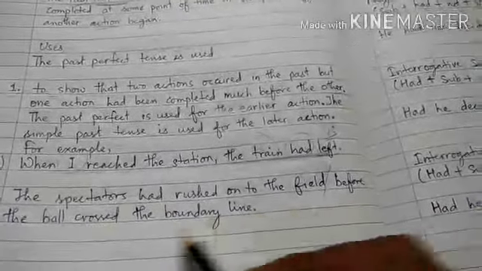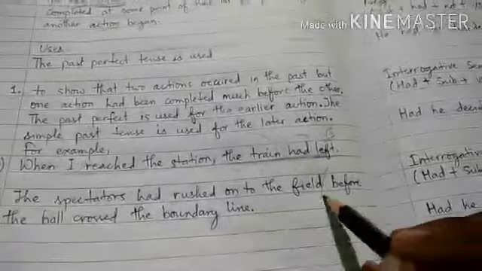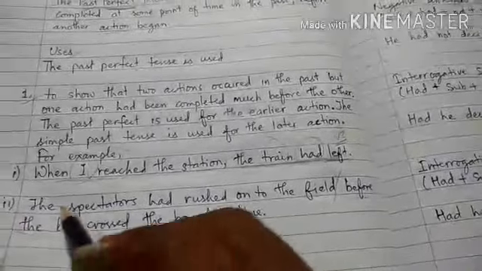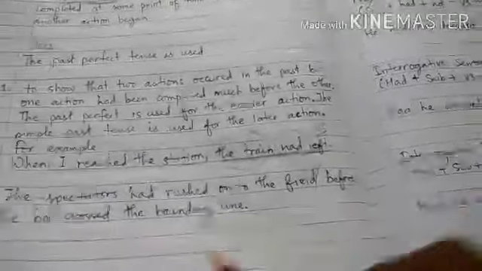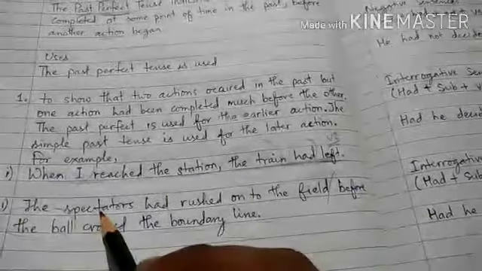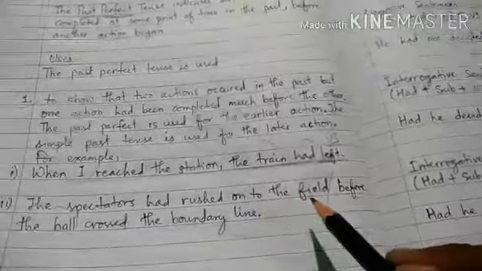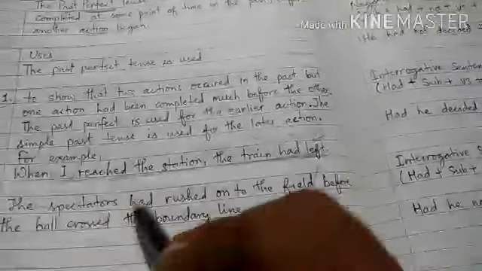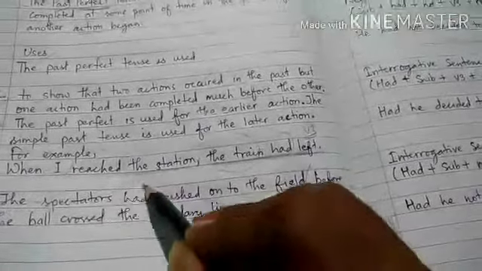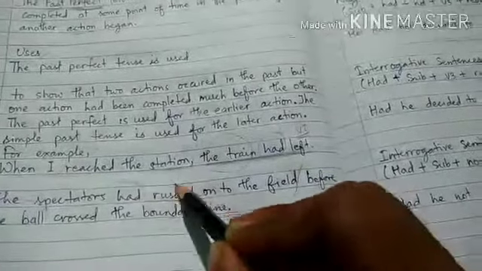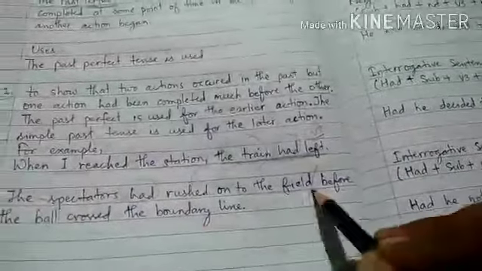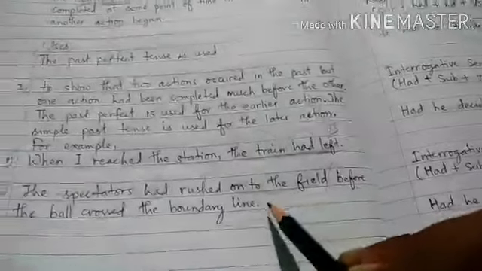See, before the ball crossed the boundary line, this part is in simple past tense. The ball is the subject, crossed B2, the boundary line, rest of the sentence. But if you see the earlier part of the sentence, the spectators had rushed onto the field. The spectators, subject, from to have verbs we have had rushed, B3 form of the verb rush, onto the field. This is the rest of the sentence.